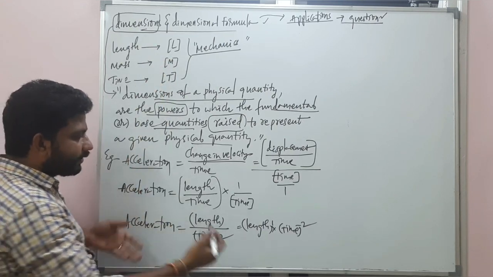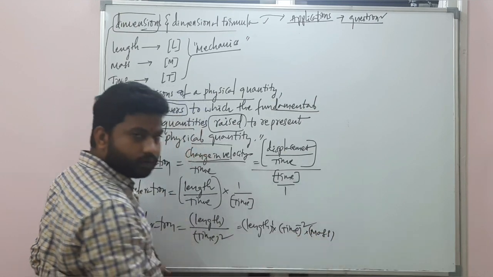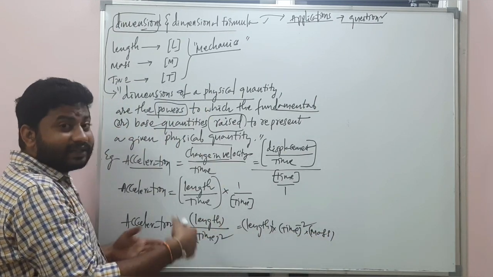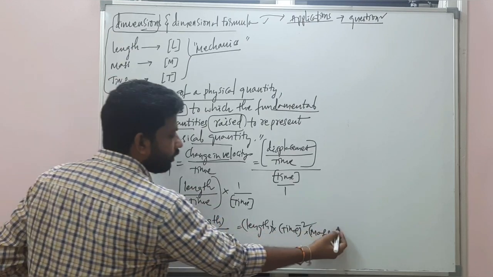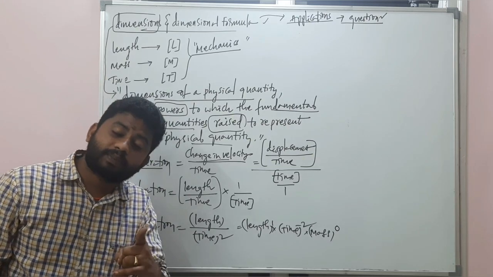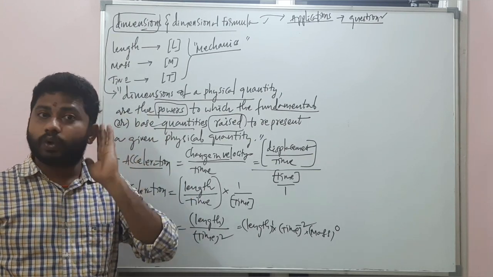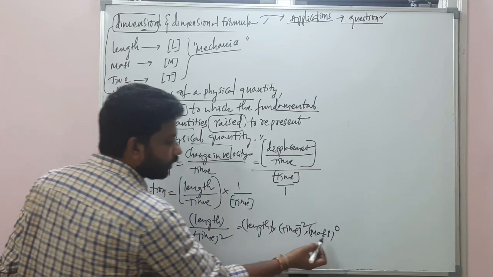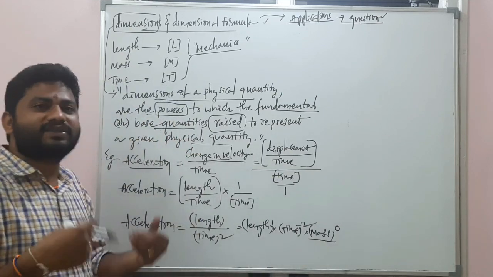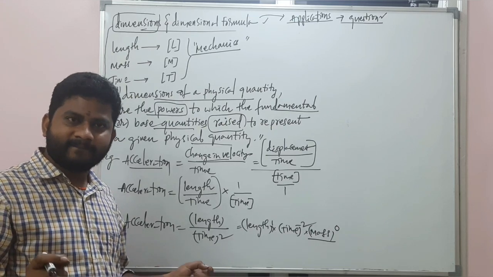If you want, I can also write mass to the power. Actually, mass is not there, but still, if you want to include the mass, it is 0. Anything to the power 0 is 1. No need of mentioning it, but still, I have mentioned it. Okay. Clear?